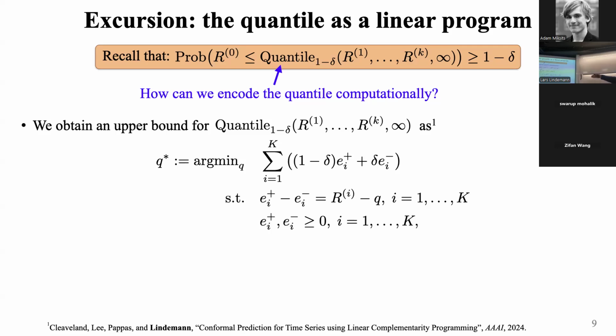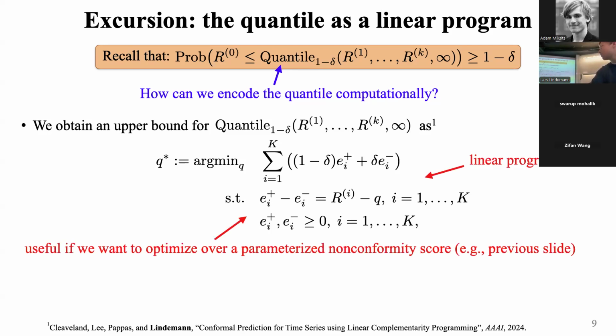I can't walk through it in a lot of detail, but the intuition is that you're enforcing that the 1 minus delta portion is below and the delta portion is above the quantile. It's a linear program, and it's really useful if you want to optimize over a parametrized nonconformity score, as in the previous slide, where the nonconformity score was parameterized by these normalization constants alpha.